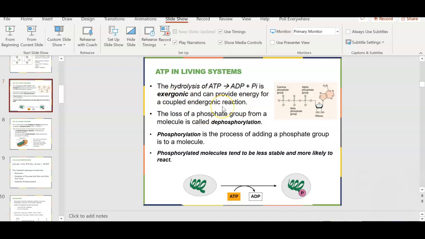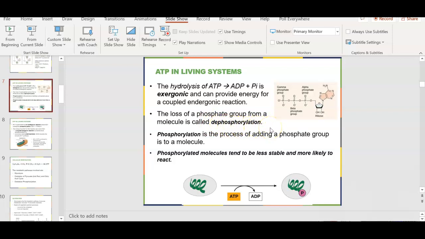Now, one of the things that happens a lot in the cell is either the addition of a phosphate group or the removal of a phosphate group from different molecules. When something loses a phosphate, it's dephosphorylated, a process of dephosphorylation.